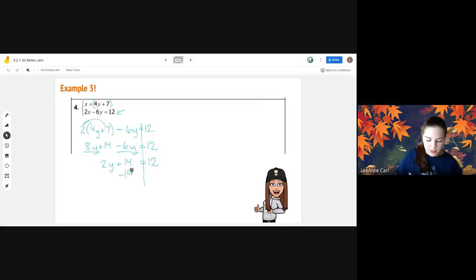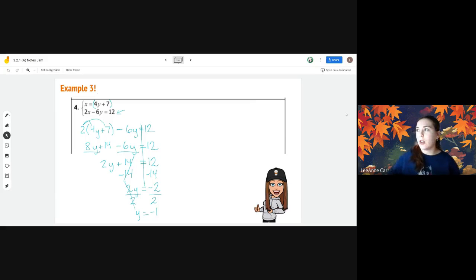So I'm going to subtract 14. And we get 2y equals 12 minus 14 gives us -2. Down to our very last step for this equation, all we have to do to get y by itself is divide by 2, which gives us our final answer of -1.